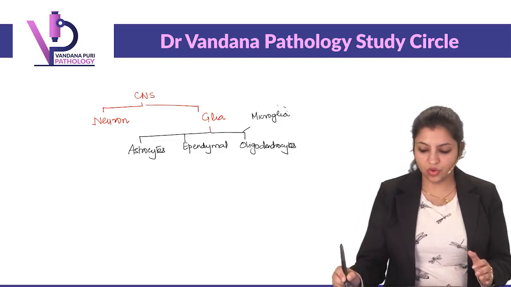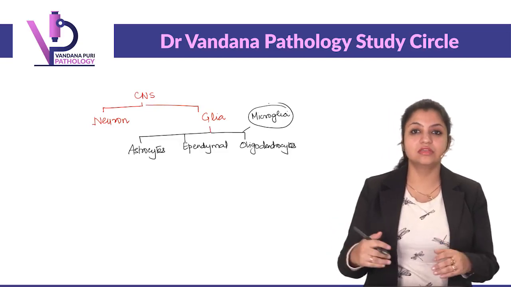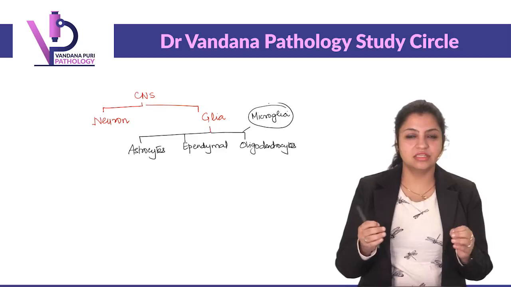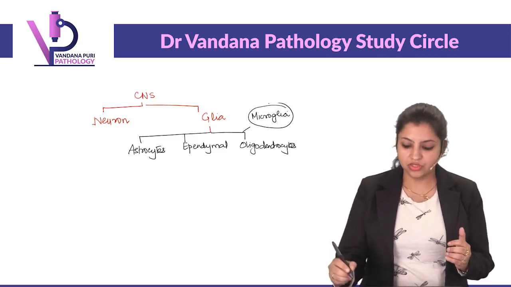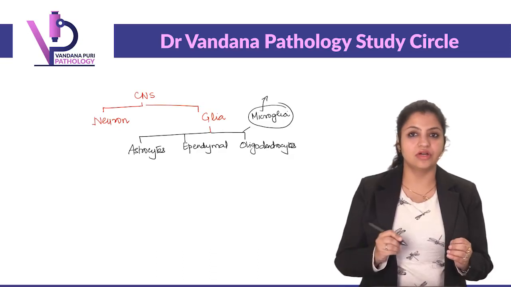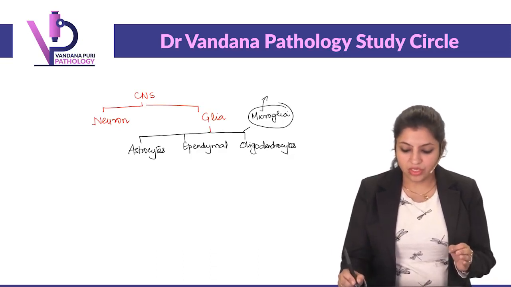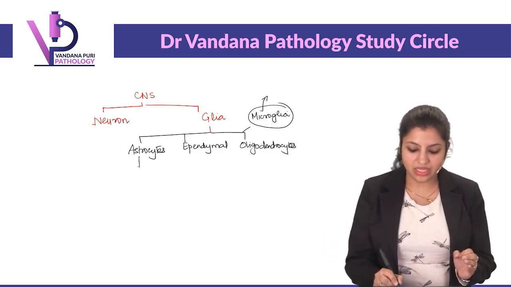I've written microglia separately on the top because it is mesenchymal in derivative, and it is the resident macrophage of the CNS. Now we are left with three types of glia cells. What are astrocytes?